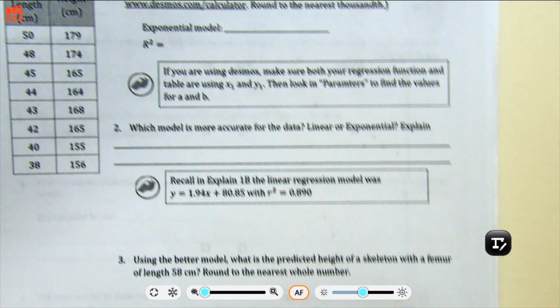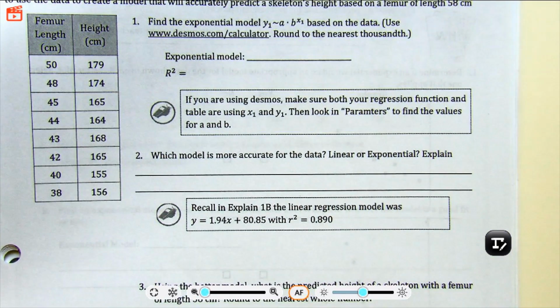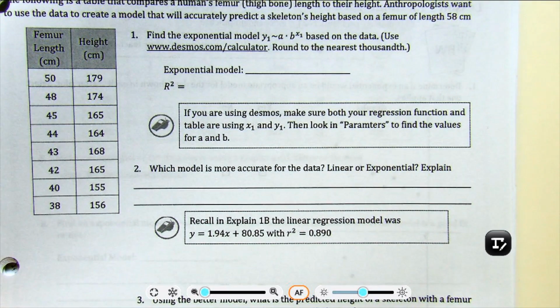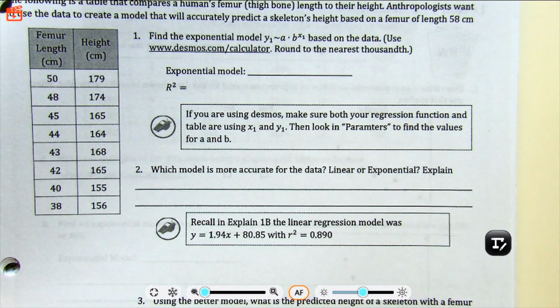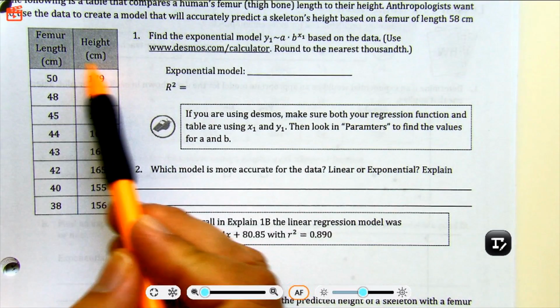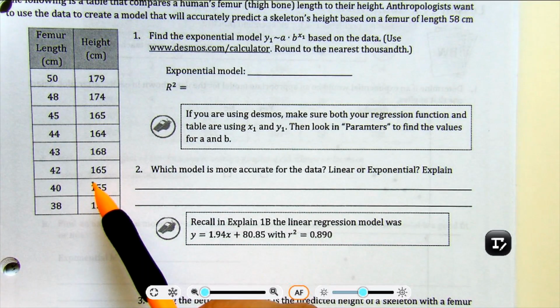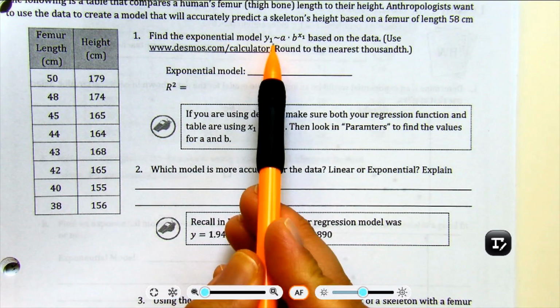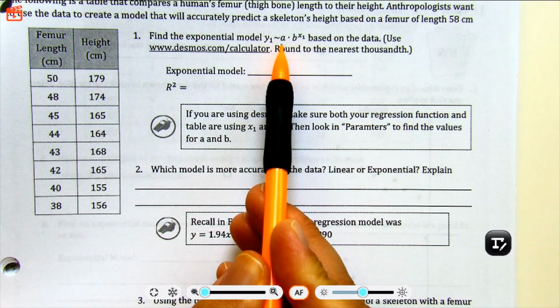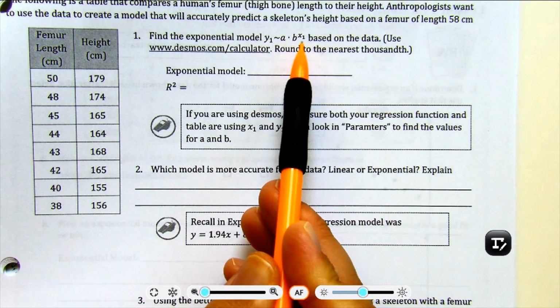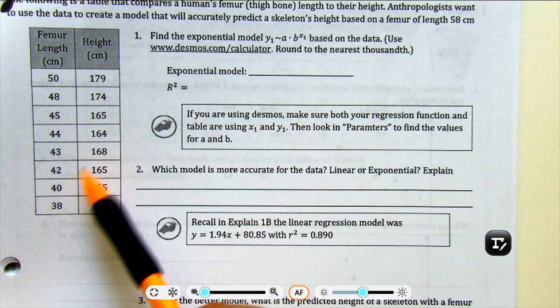So we're going to be typing all of this in. Now they're kind of telling us this is going to be an exponential model, so we're going to be looking at the exponential parameters. What is a and what is b after we type in all of these? And then what is the equation? What is r squared? And then what is more accurate?